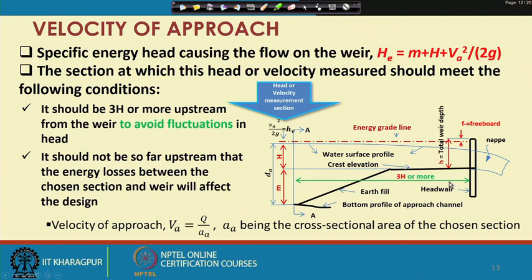It should not be so far upstream that the energy losses between the chosen section and the weir will affect the design, and the velocity of approach can be computed as V equal to discharge divided by the area of the approach channel. Here A is the cross sectional area of the chosen section. Chosen section means the cross section of the approach channel.